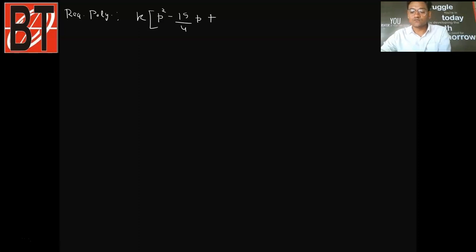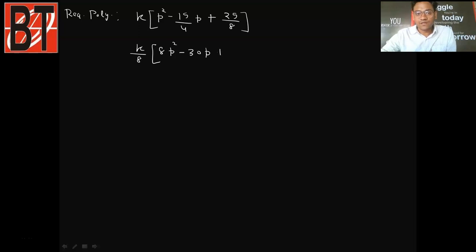Plus product of zeros, which is 25 by 8. Now we can simplify one more step. We can take 8 as LCM, and this 8 will be divided with this k, so it will become 8p square minus 2 into 15, which is minus 30p, plus 25.